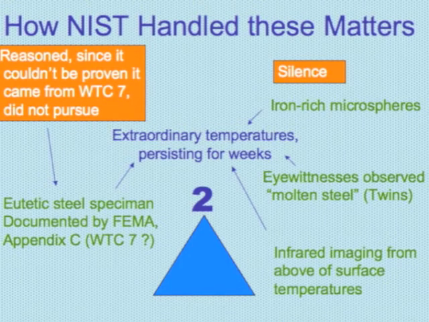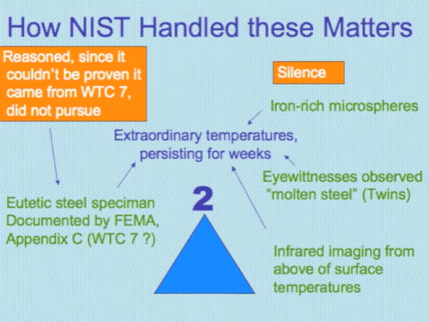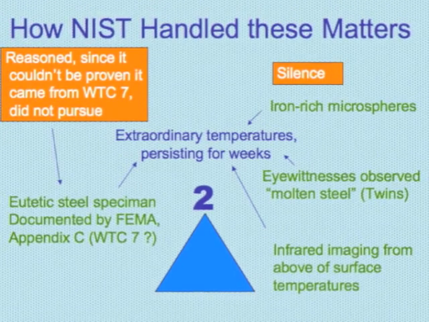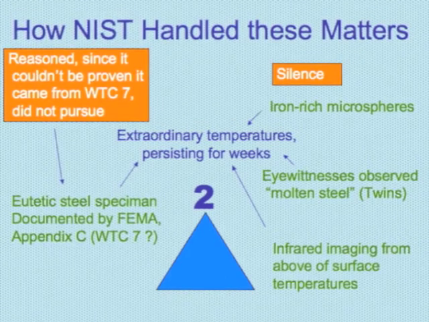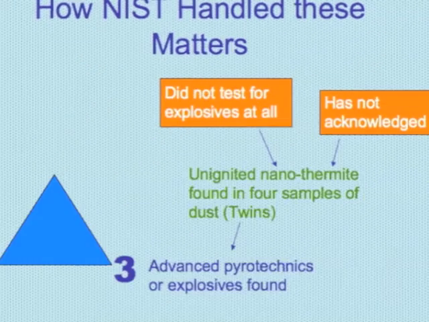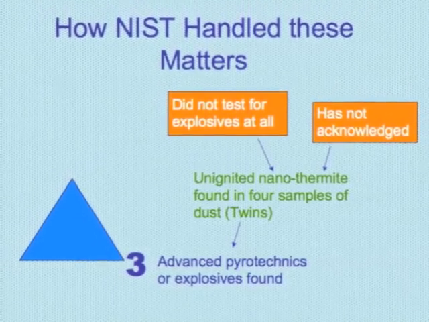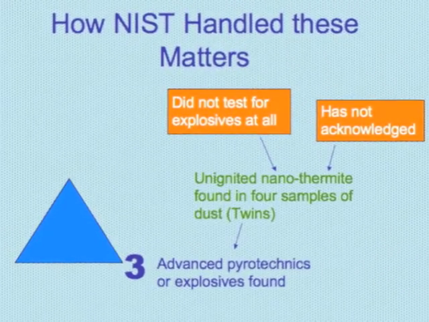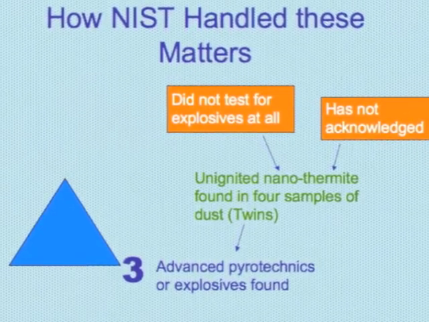Or if they were asked, well, what about the eyewitnesses that said they saw molten metal? The answer back was, we know of no one that said that. So it's just that kind of a stonewalling statement saying we don't know anything about that and press on. They did not even test for explosives. When they were questioned about it, they said, well, it might not be conclusive, and we didn't want to waste taxpayers' money.